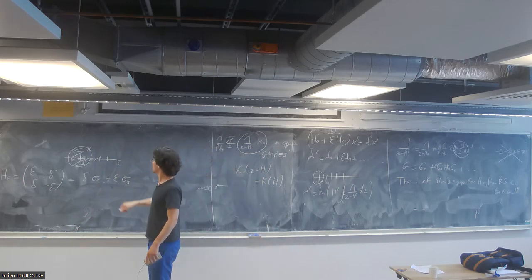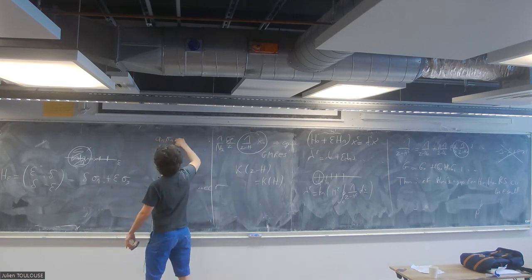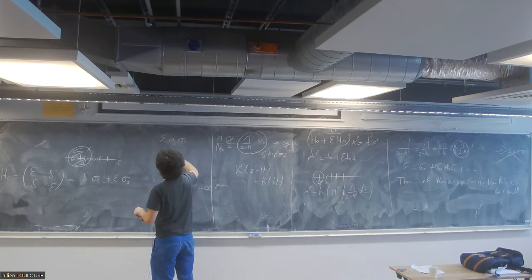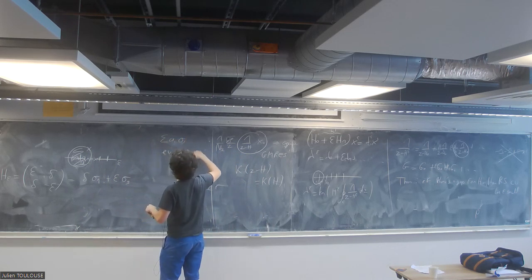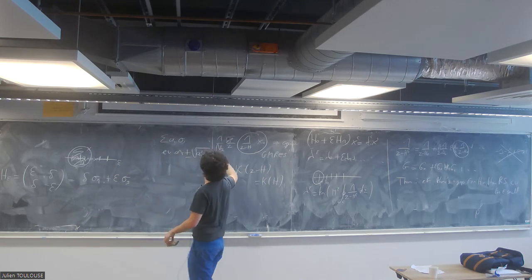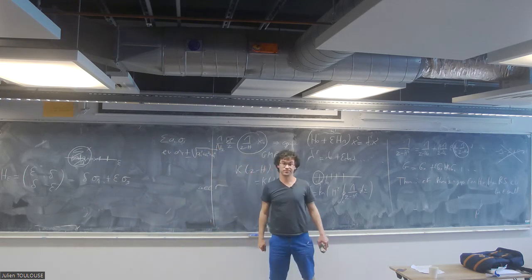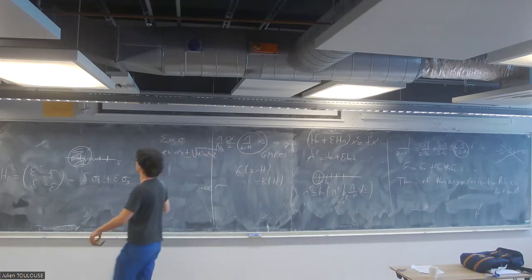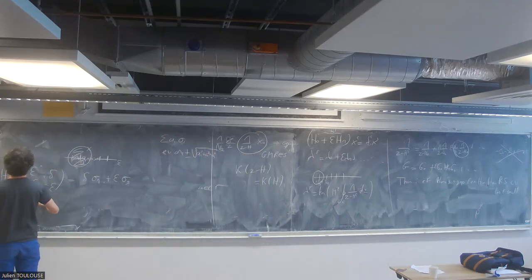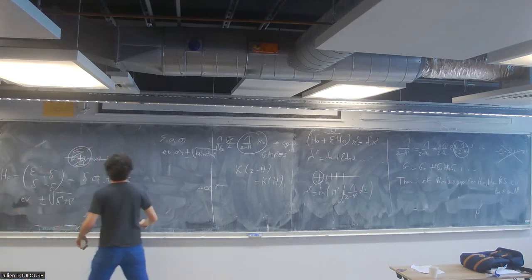You know that if you have something like the sum of a_i sigma_i, the eigenvalues are plus and minus the square root of a1 squared plus a2 squared. This is a very neat trick. So here the eigenvalues are plus and minus the square root of delta squared plus epsilon squared.